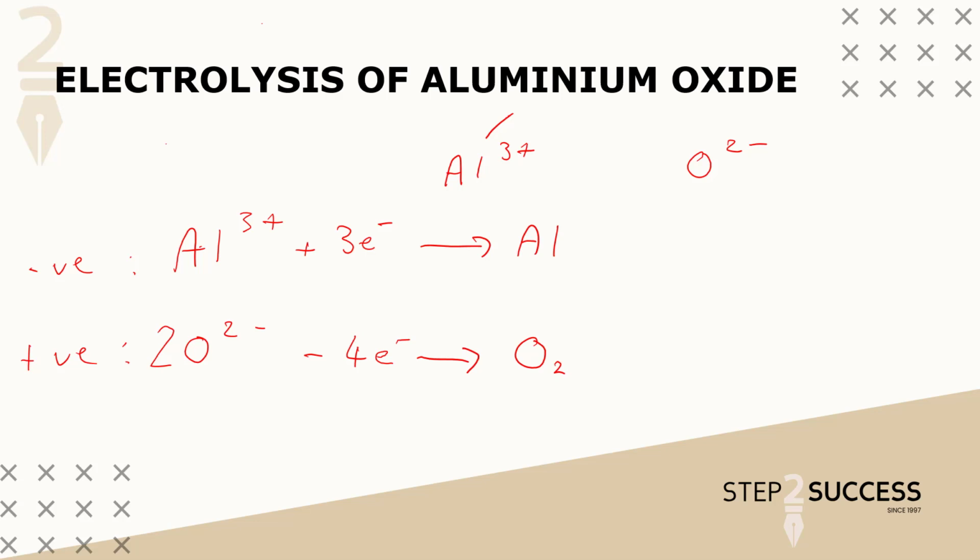Generally, the negative one is easier because it always follows the same format, this one over here. But, as I say, with a bit of practice, the other one should also make sense. So, that is electrolysis of aluminium oxide, and that works for any compound that we melt to do the electrolysis.